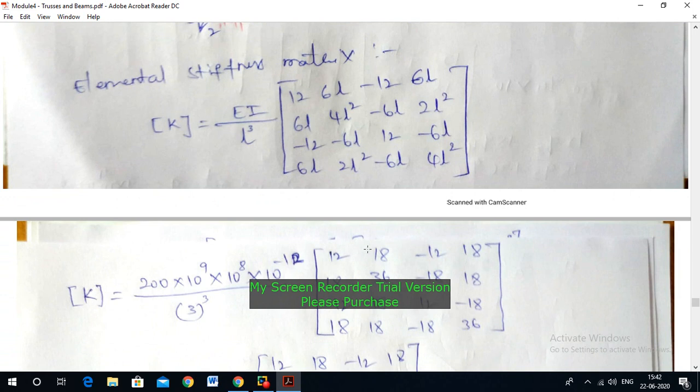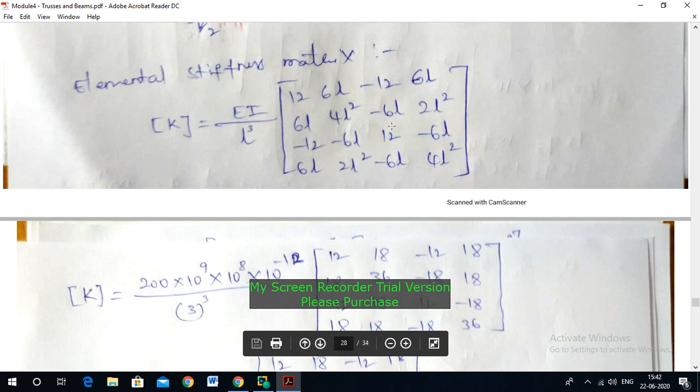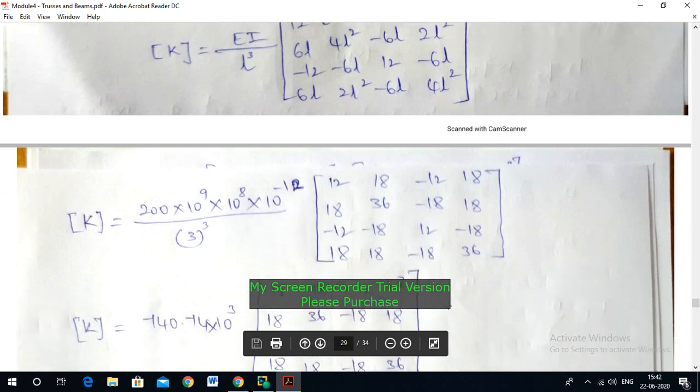The length is given as 3 meter. 12, 6 into 3 is 18, minus 12, 18; 6L is 18, 4L squared is 36, minus 18, 2L squared is 18, and so on.